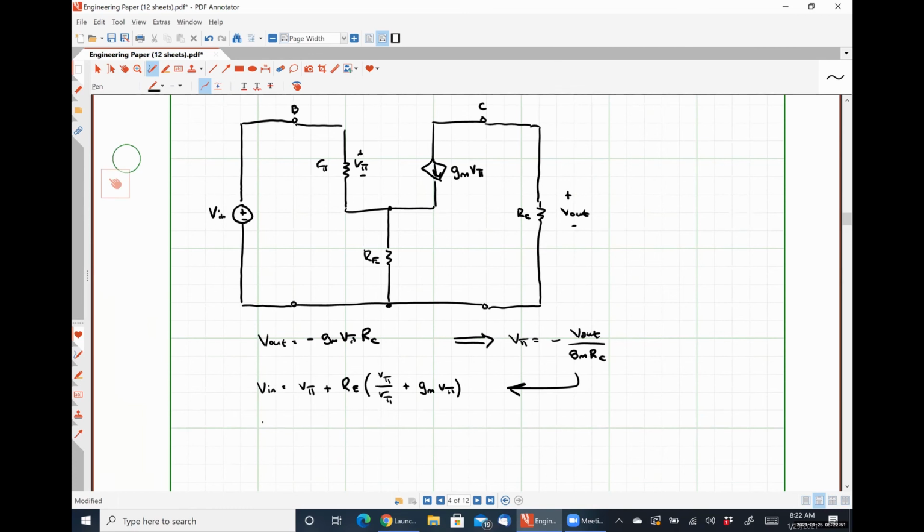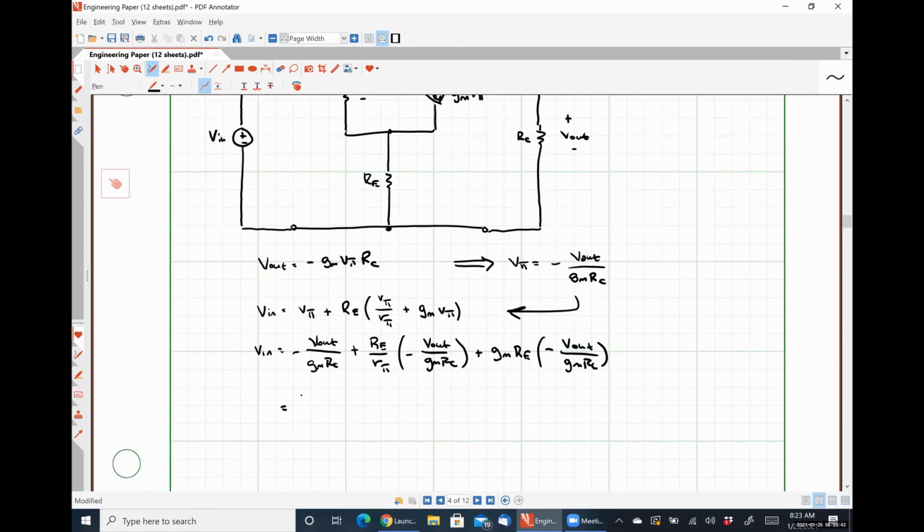And what it gets me is Vn is equal to negative V out over GM RC plus, let me write this a different way, RE divided by R pi times negative V out over GM RC plus GM RE times negative V out over GM RC.